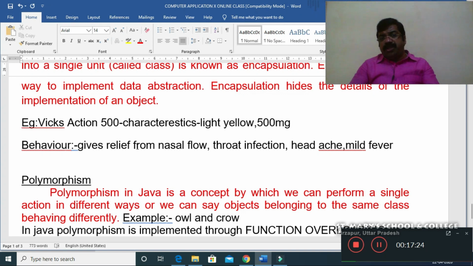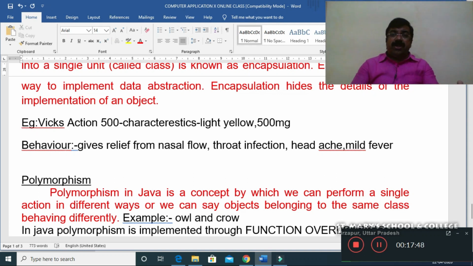See, we are all objects. You have your own characteristics: your height, your weight, your complexion, and we have behaviors. When all these things are bundled together, we say that particular item is an object.